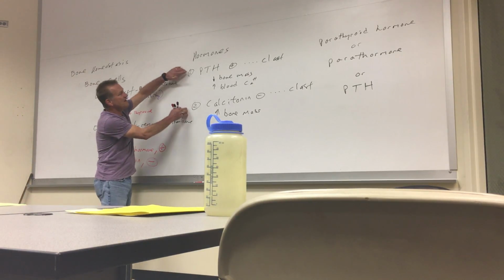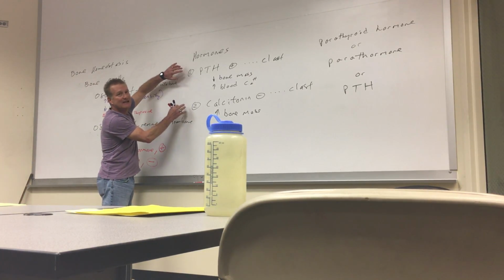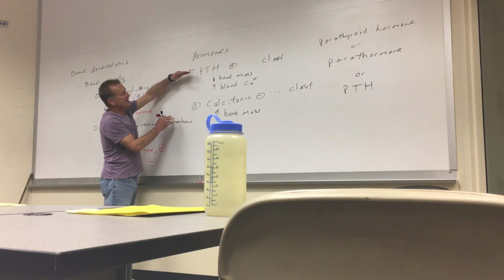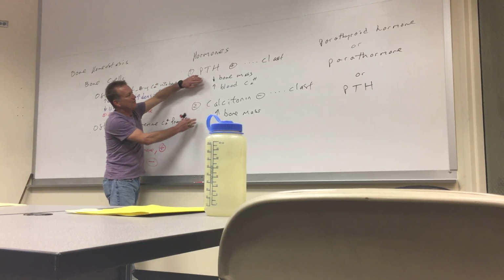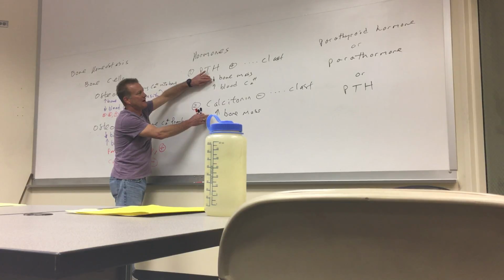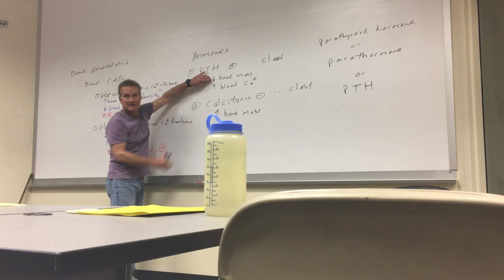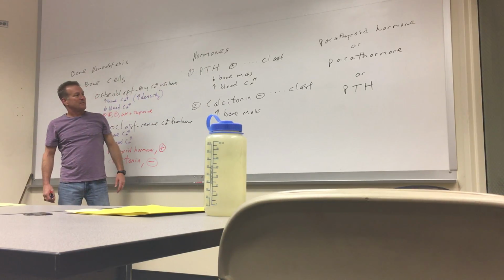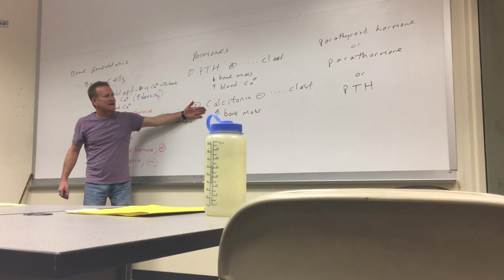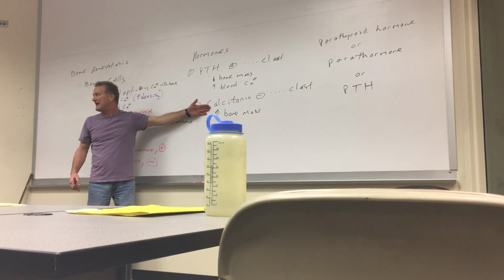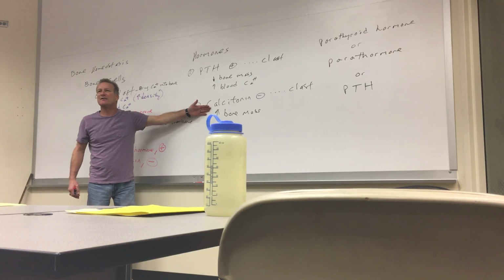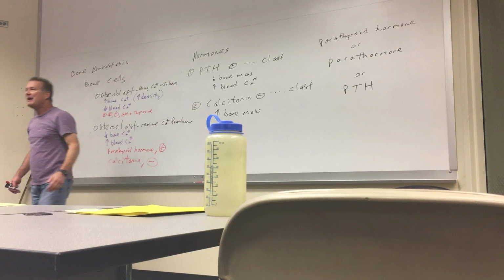Why, if they do the opposite thing to the clast, stimulate the clast, inhibit the clast, why don't we have the opposite effect on bone mass? All this does is we stop taking calcium out. If we stop taking calcium out, that doesn't increase the mass, does it? We just stop decreasing the mass. It's exactly like money.